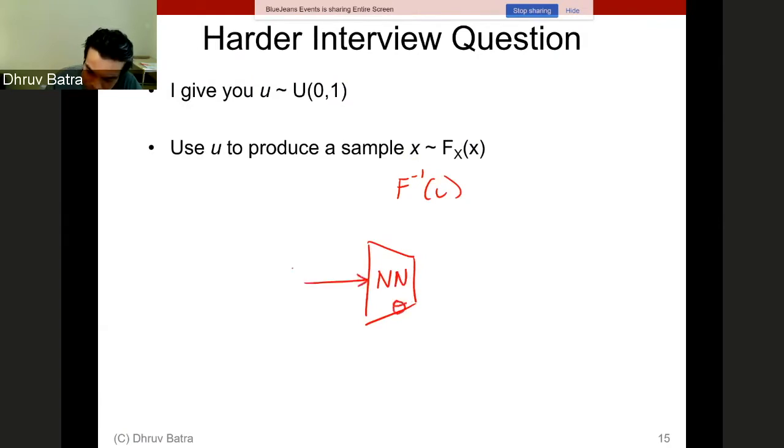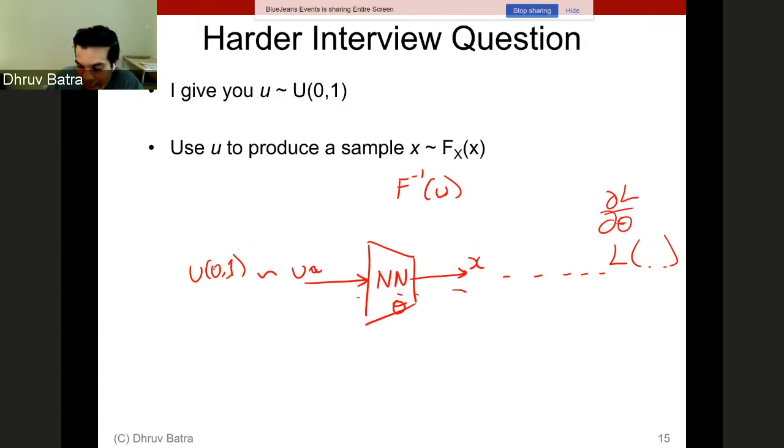The input to the neural network is going to be U. U is itself a sample from either a uniform distribution from 0 to 1 or something else, and the output of this neural network is going to be a sample of X. I'm going to do something downstream with it, define certain losses, compute the partial of the loss with respect to all parameters, including theta, compute backprop, and if it is optimal for this neural network to learn F inverse, it will learn F inverse.